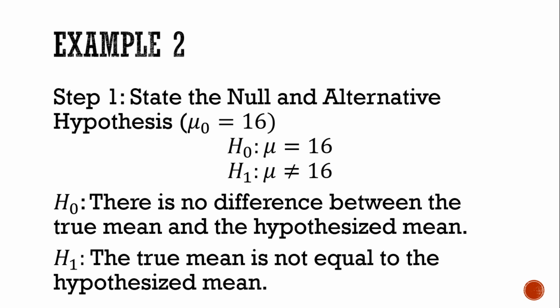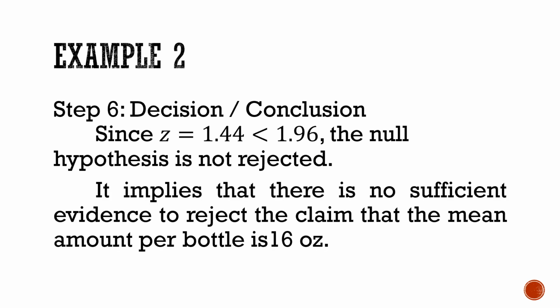Meaning there is no sufficient evidence to claim that there is a difference. There is no sufficient evidence to reject the claim that the true mean is equal to 16, or that the mean amount per bottle is 16 ounces.